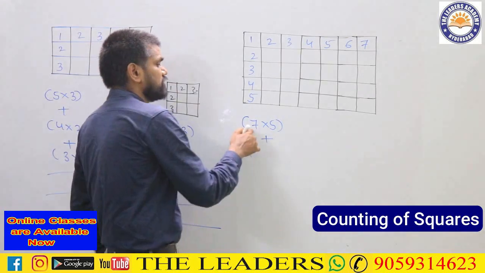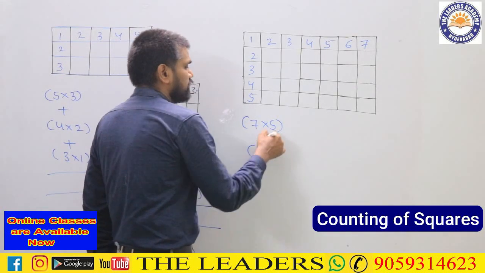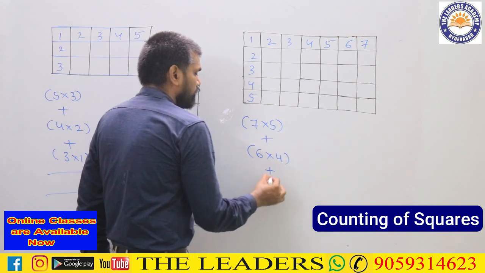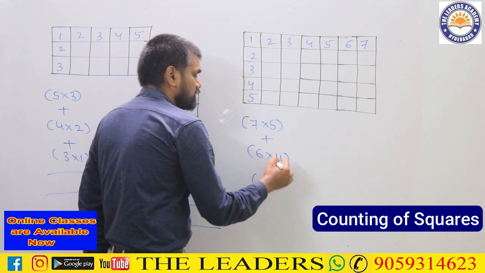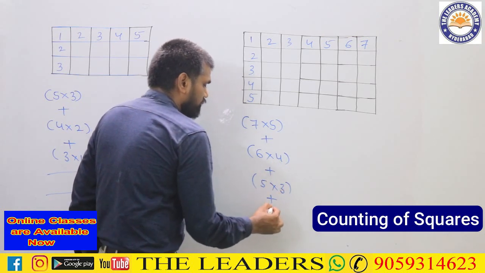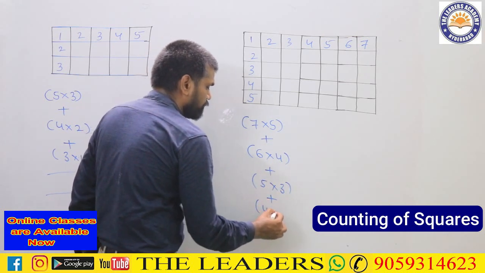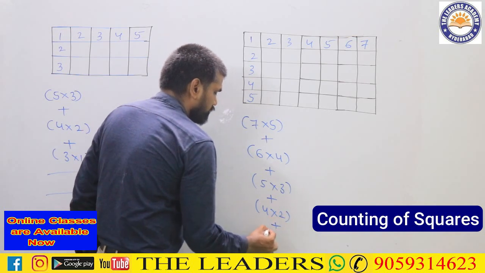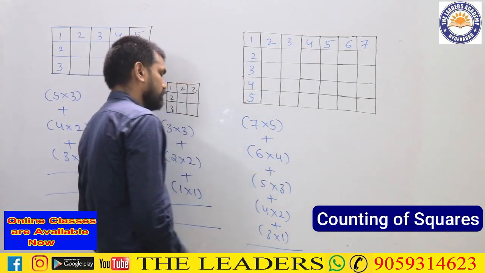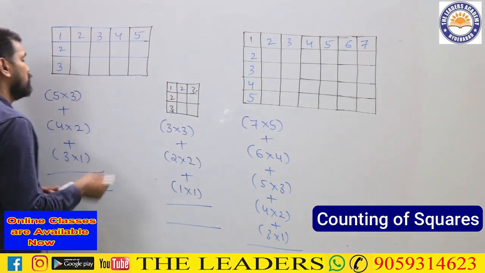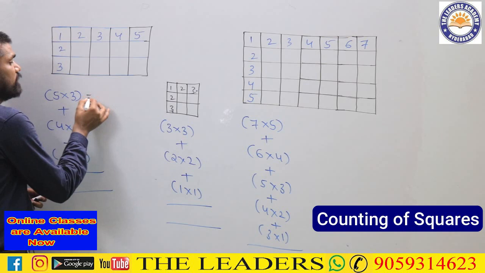Decreasing this number by 1 gives me 6, and this gives me 4. Next, again decrease each by 1, and further decrease each by 1 again. You now add that, and that will give you the total number of squares in this particular diagram.